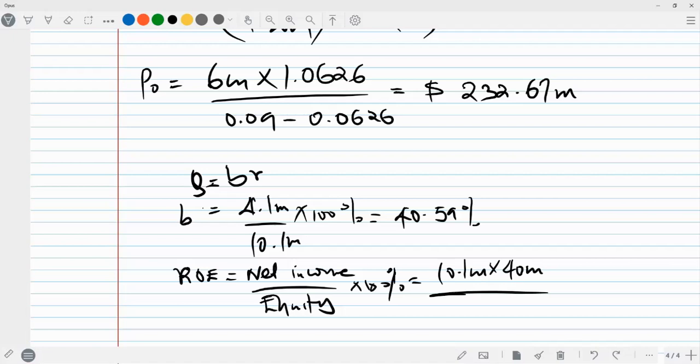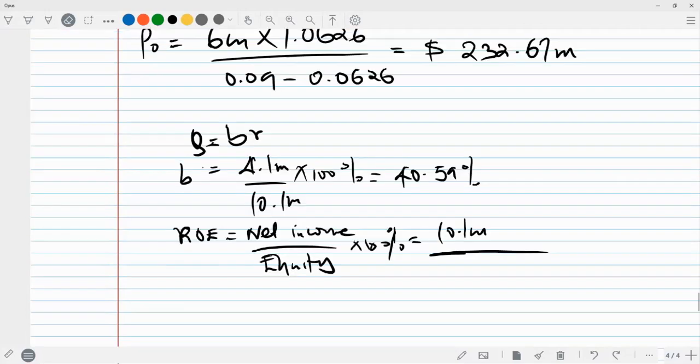Just a minute, this is total earnings, not earnings per share, so you don't need to multiply by the 40 million shares.